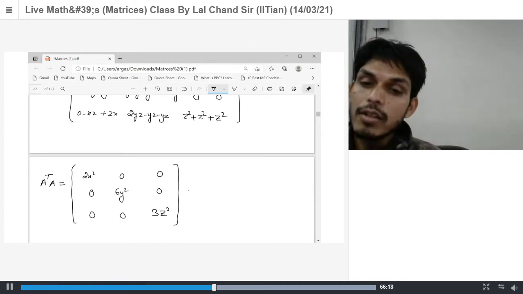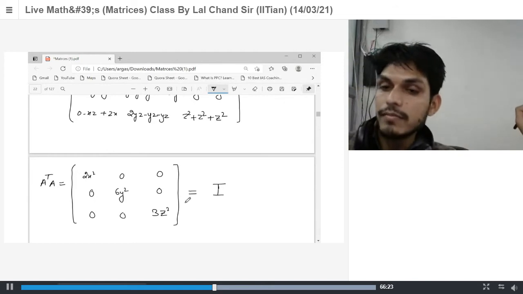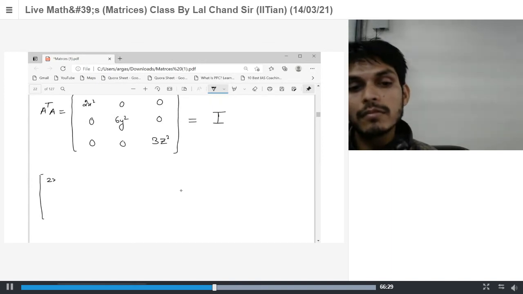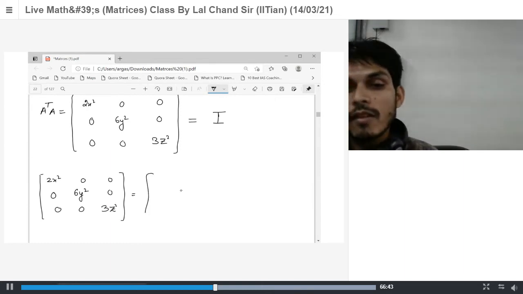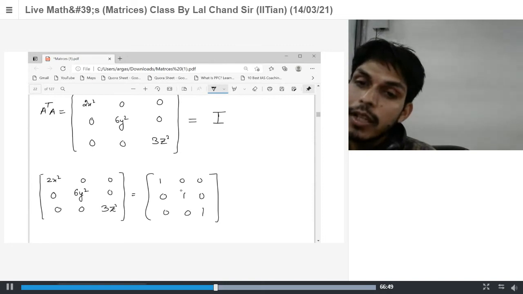And this is equal to I. Okay. So we have the identity: 1, 0, 0. Okay, this is 3 cross 3.